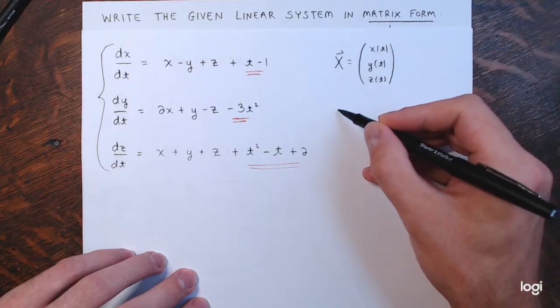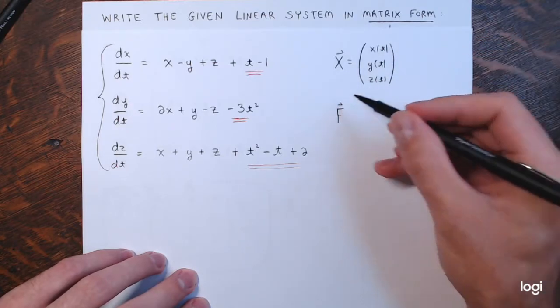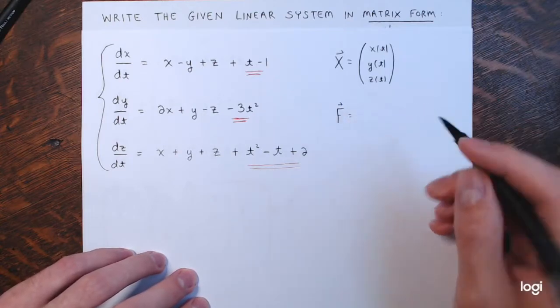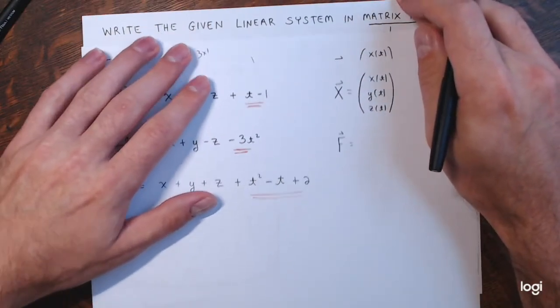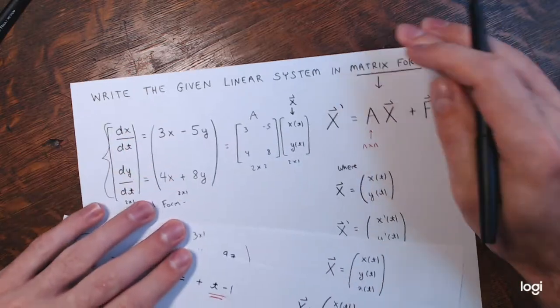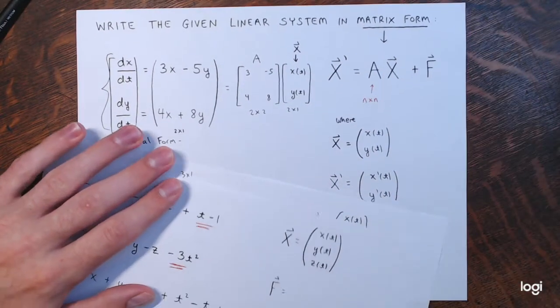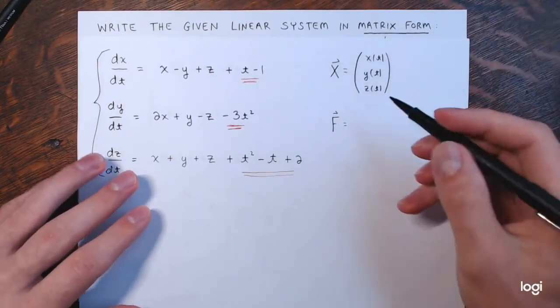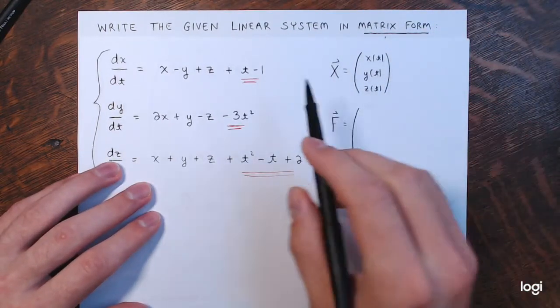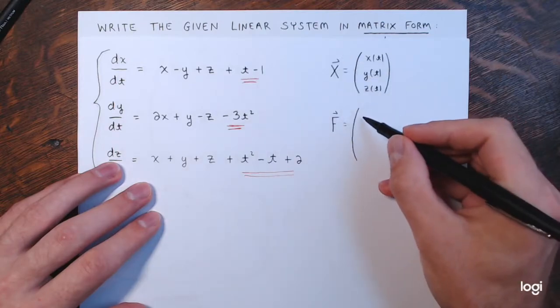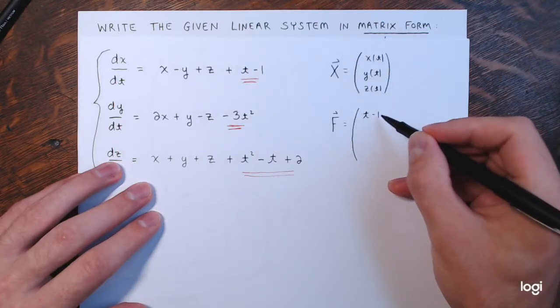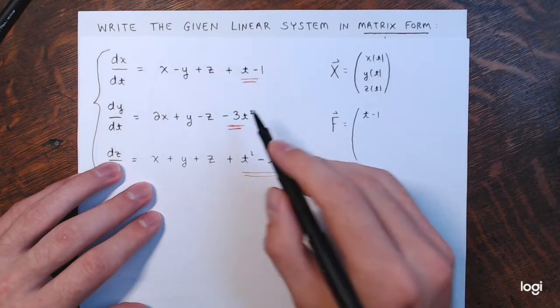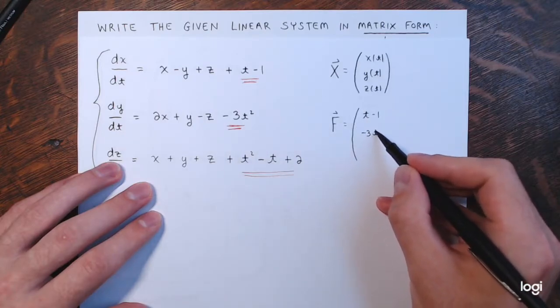But this time, that vector f that was mentioned back in the matrix form on the first page is not the 0 vector. So the vector f is, for the first component, the first equation, t minus 1. And then negative 3t squared.